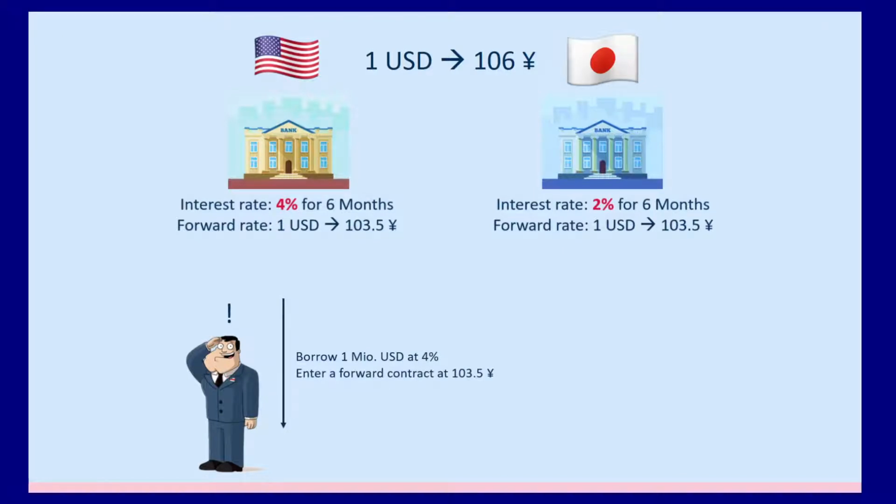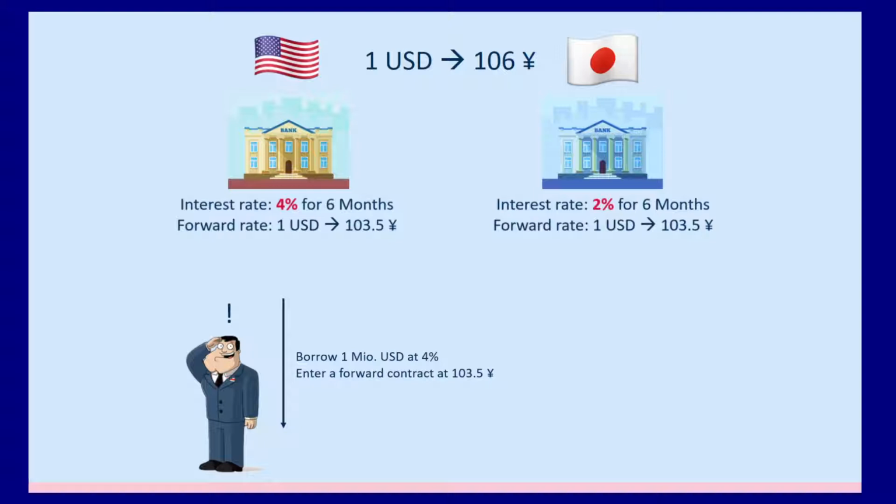So let's say this guy here is a trader for an international investment bank, then it's easy to borrow $1 million. As a private person, might be more difficult. Could also be someone working for Siemens or for Adidas, for Daimler in treasury. Big company can easily borrow 1 million at 4%. Simultaneously, our guy here says, I also enter the forward contract.